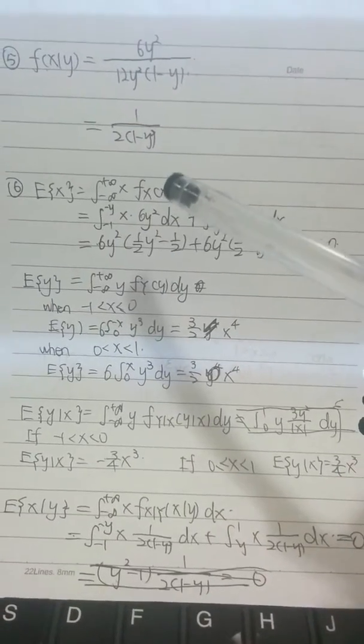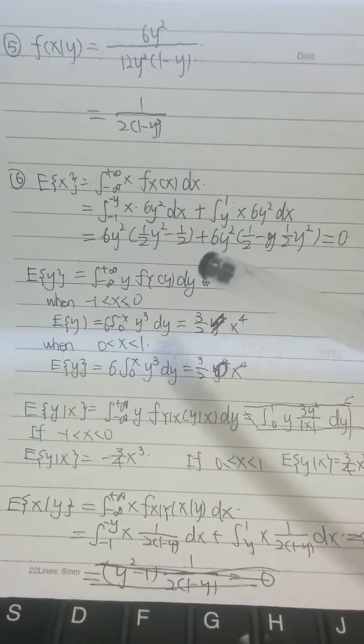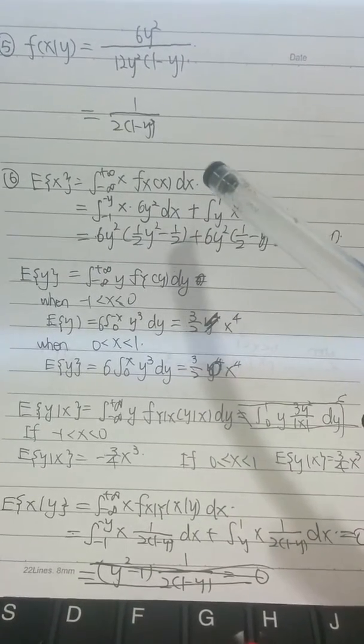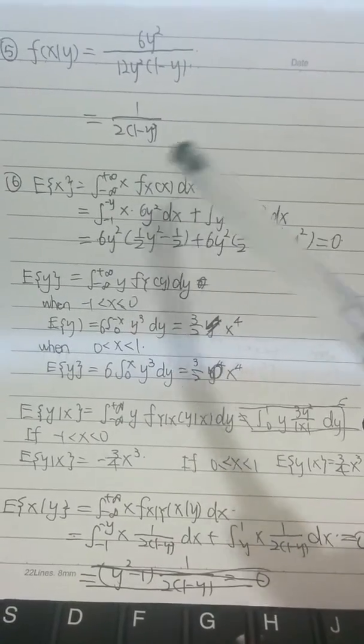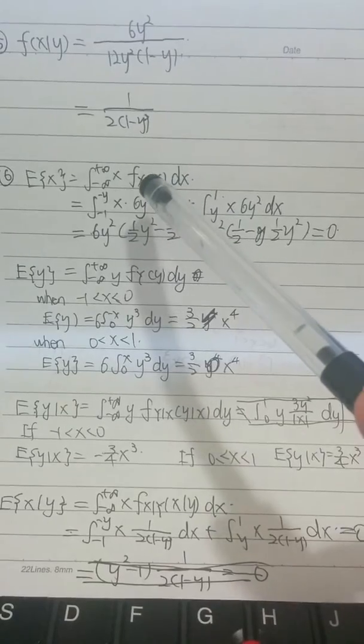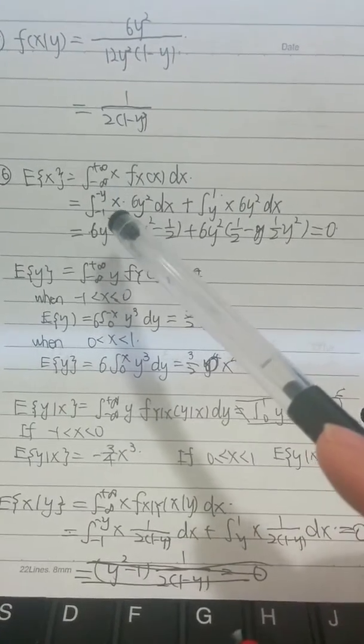The first is to calculate the mean of x. Using the formula, I can get this integral that uses the marginal function of x and x.